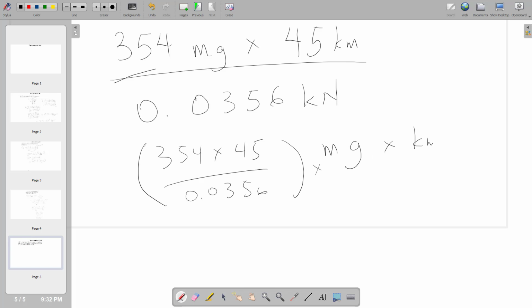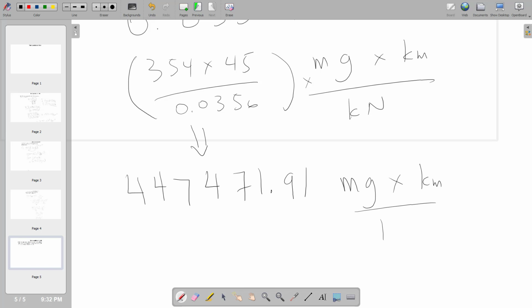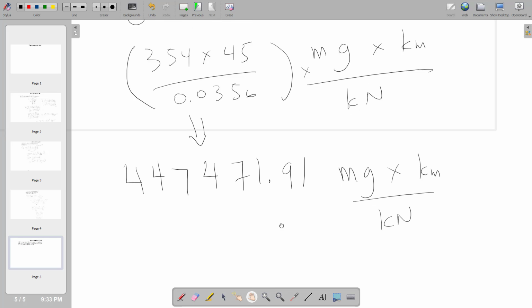Milligram, kilometers, and then kilonewton. So our numbers, when we calculate, we're going to get 447,471.91. This is from this, and then we still have our units: milligram, kilometers, and then kilonewton.